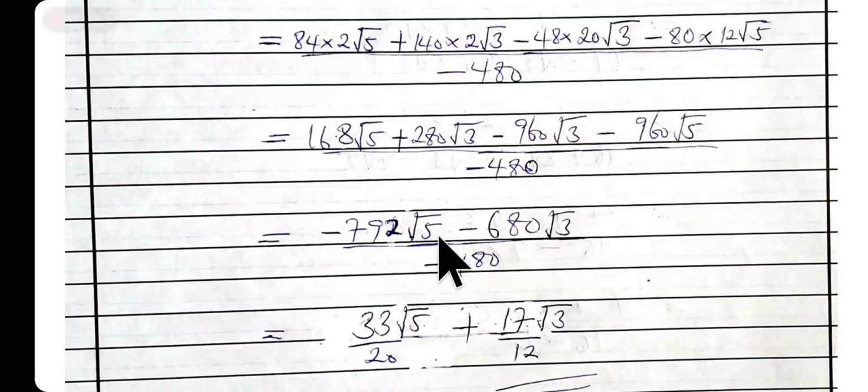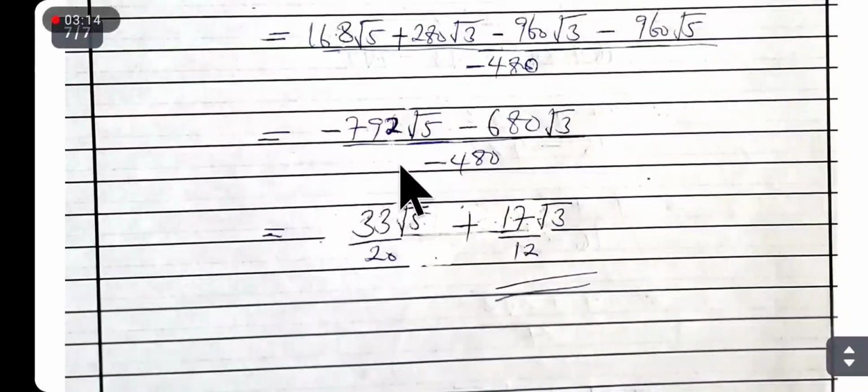Okay, and then 280 root 3 minus 960 root 3 will give us minus 680 root 3. Like before, I've explained this: if we have the same root or irrational values such as this, pick one of them and then operate with the rational parts of them.